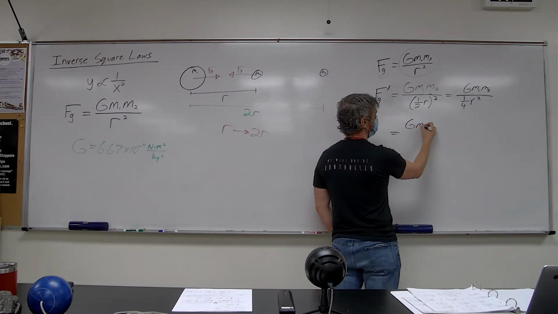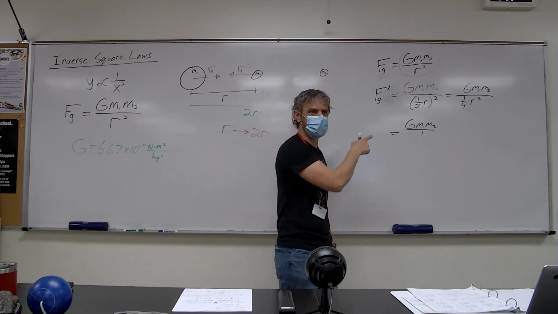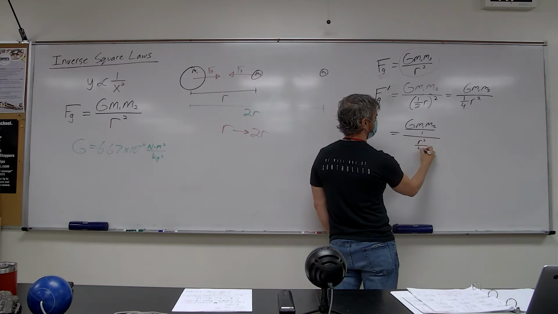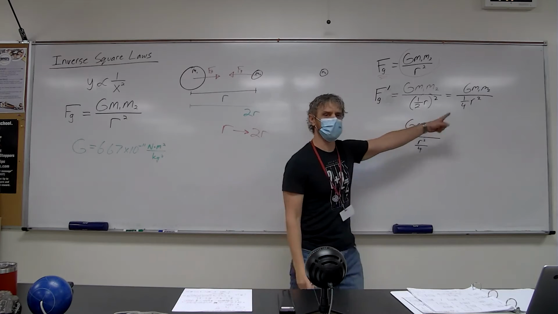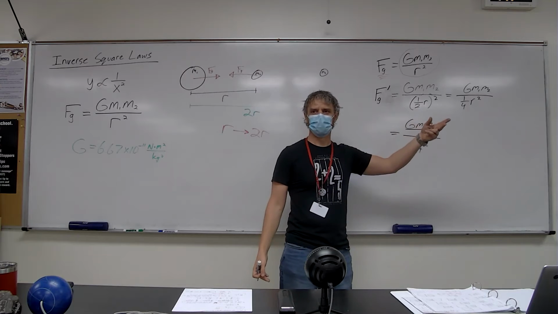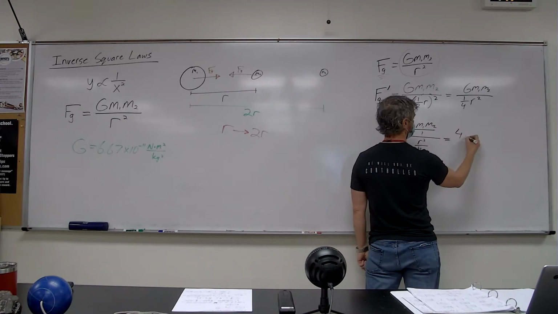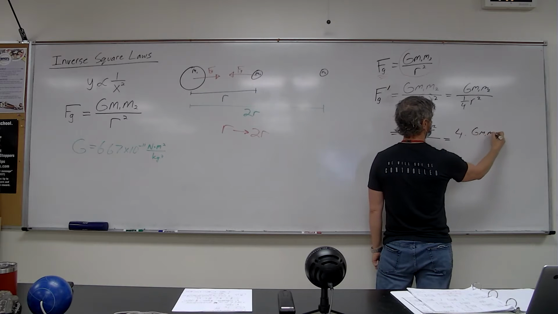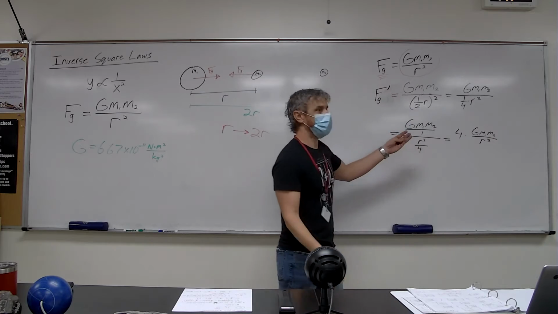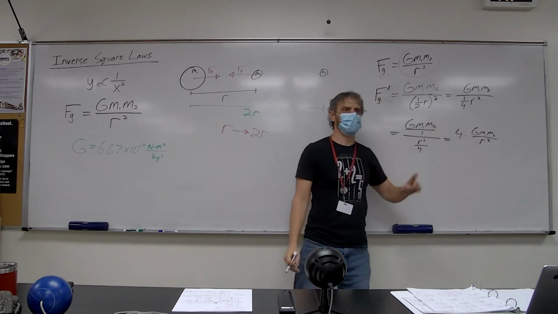So I'm going to say G m1 m2, make the numerator a fraction by just putting it over 1, the ninja one, the invisible one, over r squared over 4. Right, 1/4 r squared is just r squared over 4. And then you flip the guy and multiply, right, when you divide by a fraction. So you'd end up with a 4 in the numerator, 4 times G m1 m2, and r squared in the denominator. So 1/2 the distance, I get twice as close. I end up with 4 times the force.